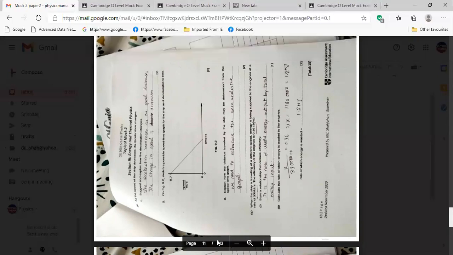Deceleration decreases, then your rate will decrease as deceleration.